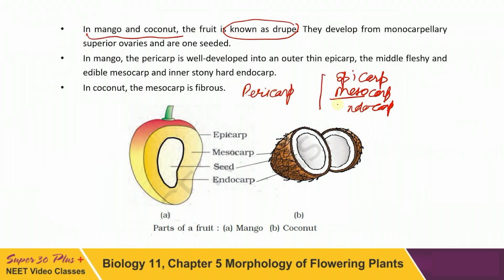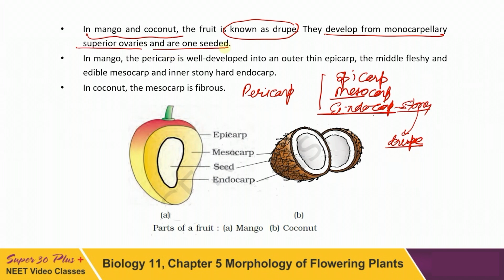The most important point here is that this endocarp is stony. When the endocarp is stony, then the fruit is called drupe. Drupe means the innermost one, endocarp, is stony. They develop from monocarpellary superior ovary, and these are one-seeded.